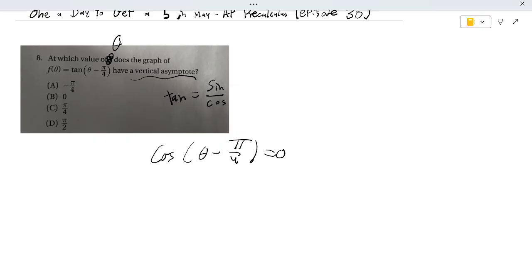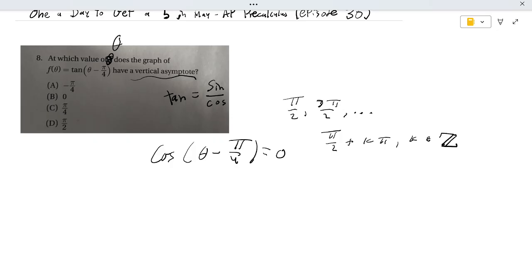If you recall, the zeros of cosine occur at pi over 2, 3 pi over 2. That's just pi over 2 plus k pi, where k is an integer.